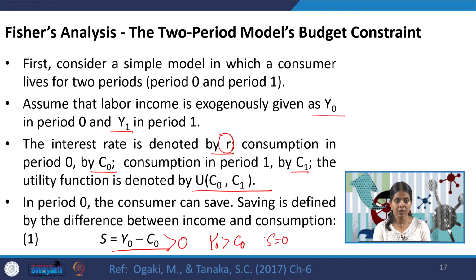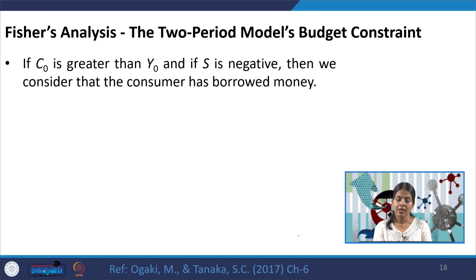And if you actually consume more than y0, more than you have earned, then S will be less than 0. If c0 is greater than y0 and S is negative, then we consider that the consumer has borrowed money, because otherwise from where is the money coming? This is basically negative saving, you have borrowed money from the market.